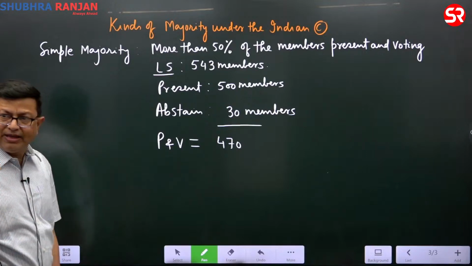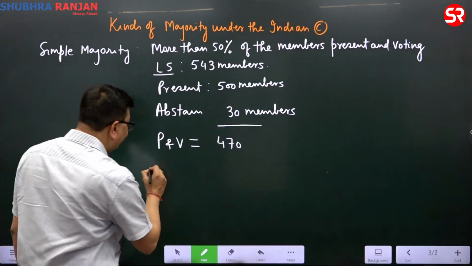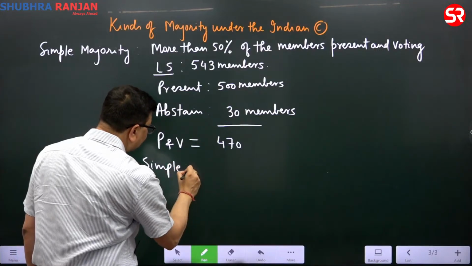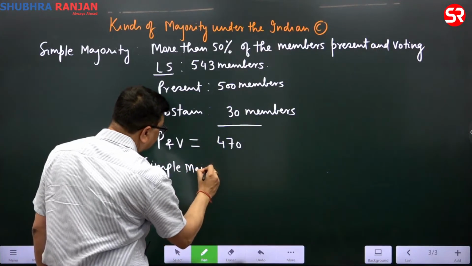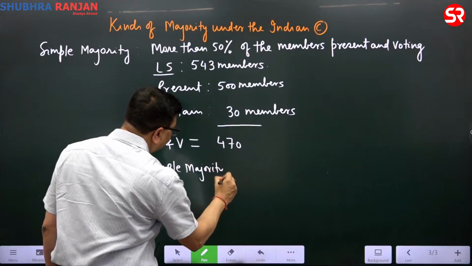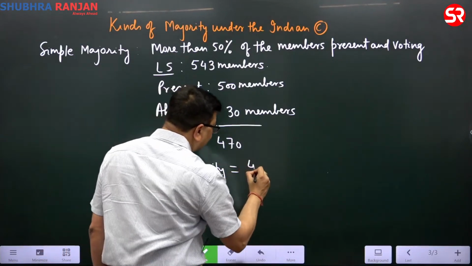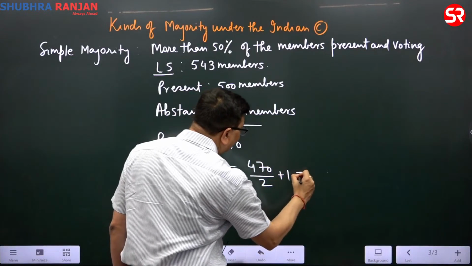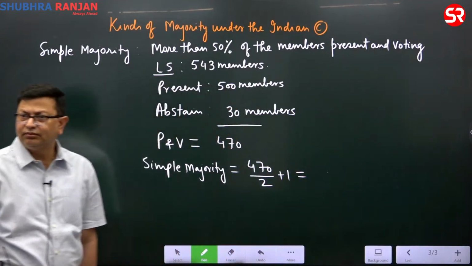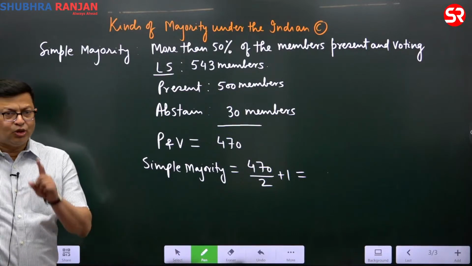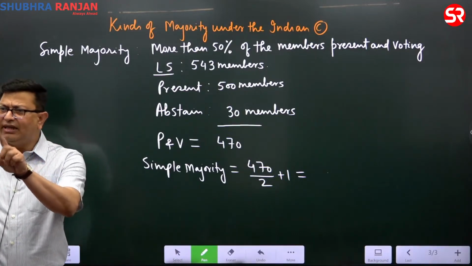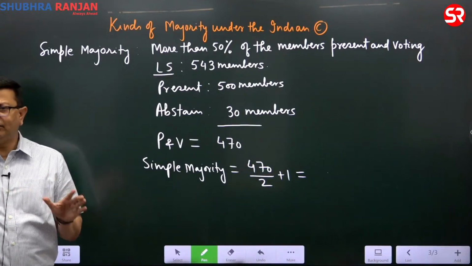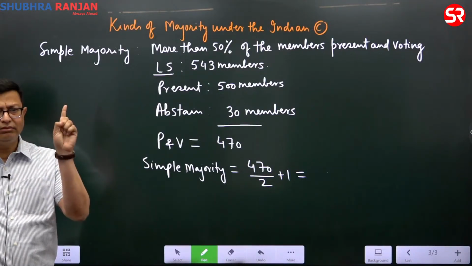and the simple majority required here will be 470 divided by 2 plus 1. So even if a member is present in the house and he is not taking part in the voting, he will not be counted.